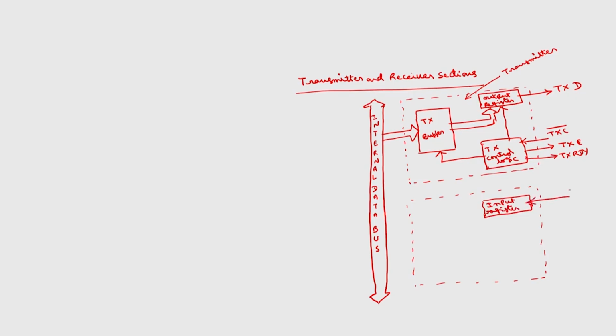This is where the received data will be received. Then here we have the receiver buffer, which will be connected to the internal data bus.